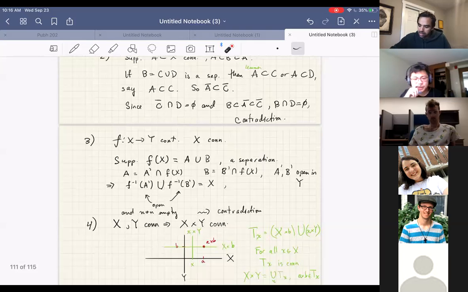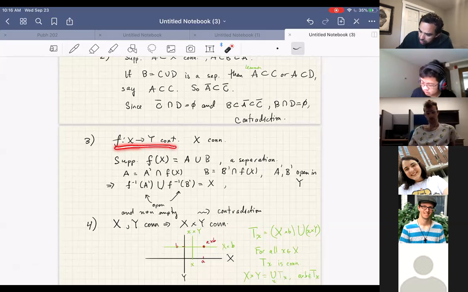Okay, now let's prove that the image of a connected space under a continuous map is again connected. Suppose we have a continuous map f from X to Y, and suppose X is connected. We want to show that f of X is connected.